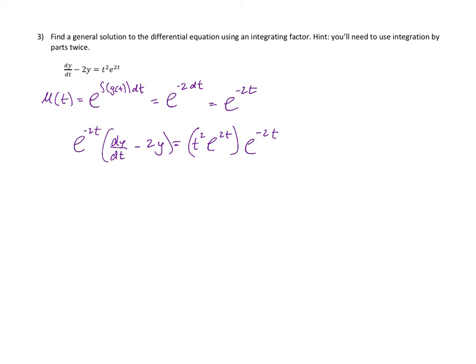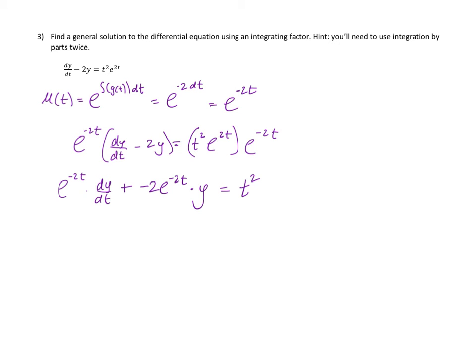Okay, distribute, and I get e to the negative 2t times dy/dt plus negative 2e to the negative 2t times y equals t squared, and e to the 2t times e to the negative 2t, like bases, you add the exponents, so that's just e to the 0, which is 1. So just t squared.